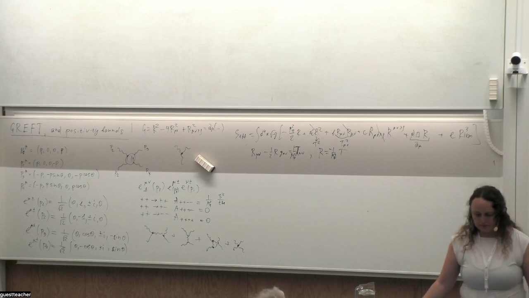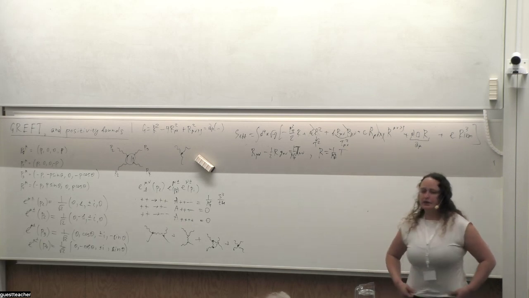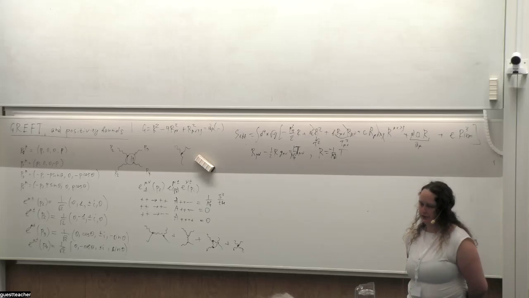But in this case, you describe only gravity, no scalar field. A scalar field can be encoded in this T mu nu. I cannot eliminate this term completely, but I can eliminate it from graviton interactions. It will be matter interactions, or matter-gravity interactions, not pure gravity interactions.